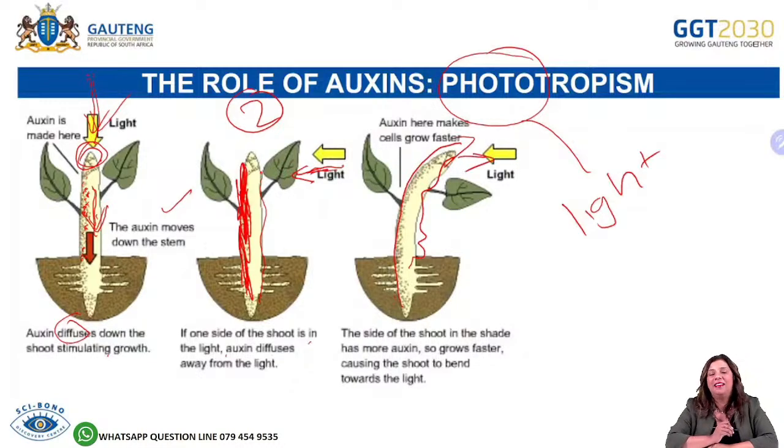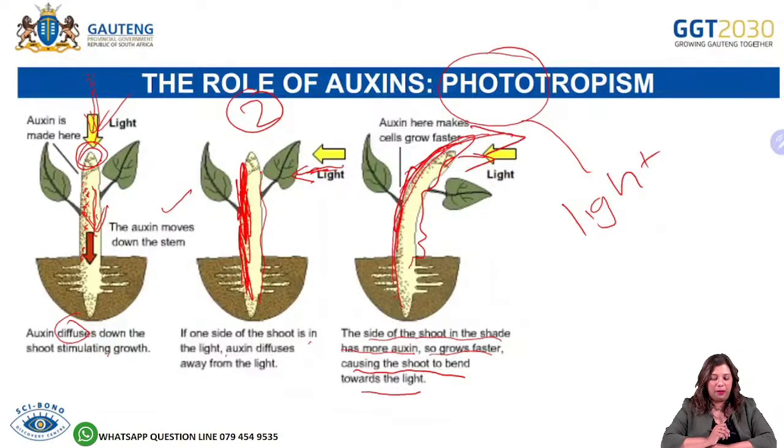Towards the light. So if you read the caption, just to round up: the side of the shoot in the shade has more auxin. We know why it has more auxin, because the auxin is killed by the light. So it grows faster, causing the shoot to bend towards the light. There's it growing faster, and there's the shoot bending towards the light.